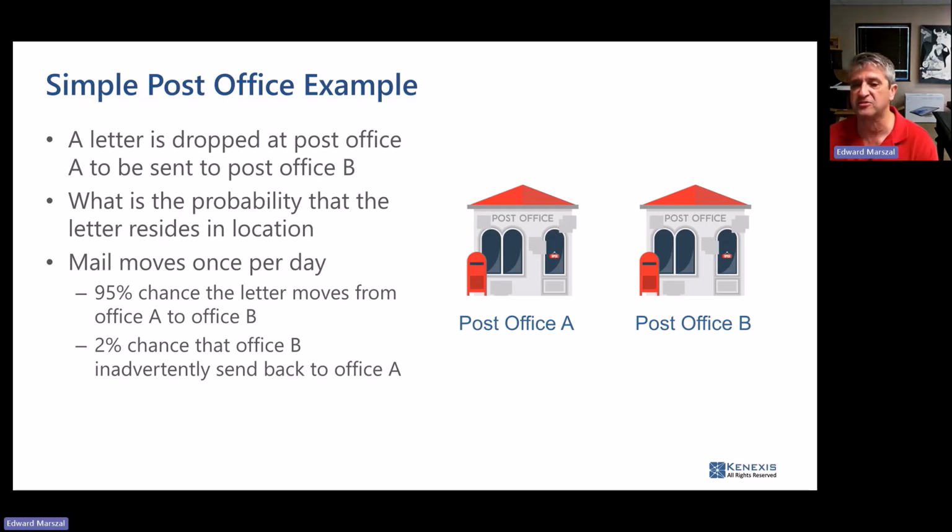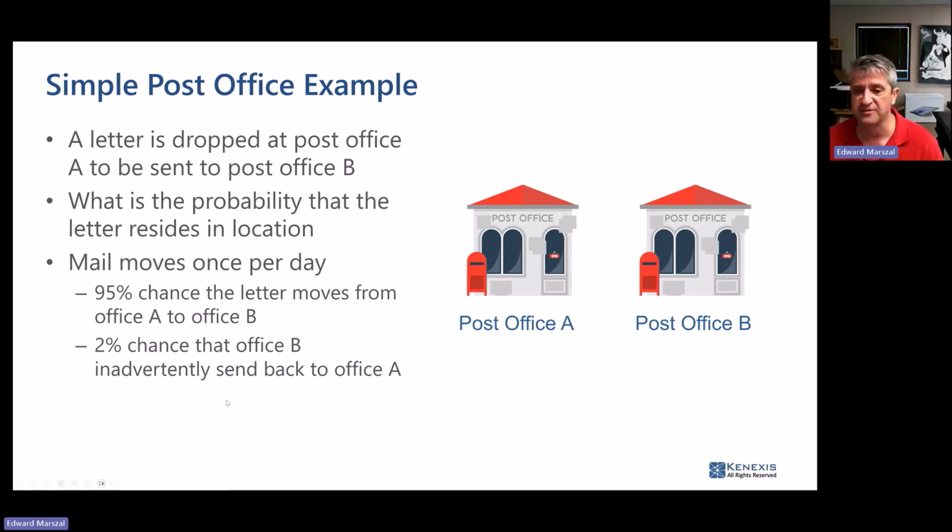So I'm trying to send someone a letter who lives near post office A. I am going to take my letter, drop it off at post office A, and then I want to know, as a time sequence, at any particular point in time, what is the probability that my letter has arrived at post office B?